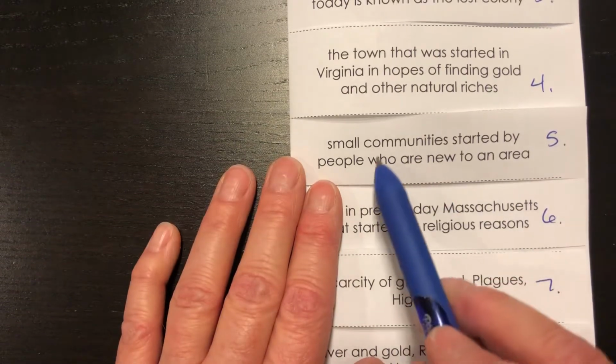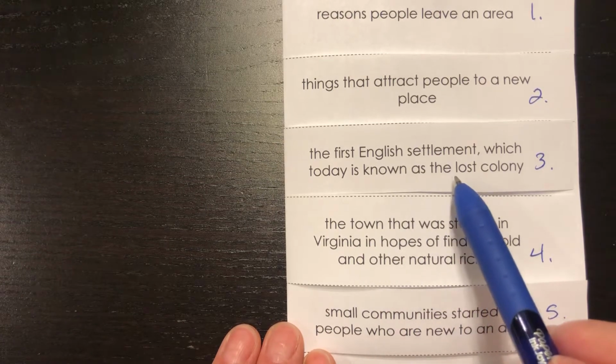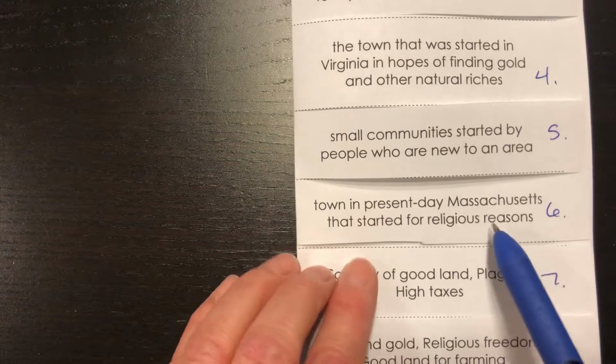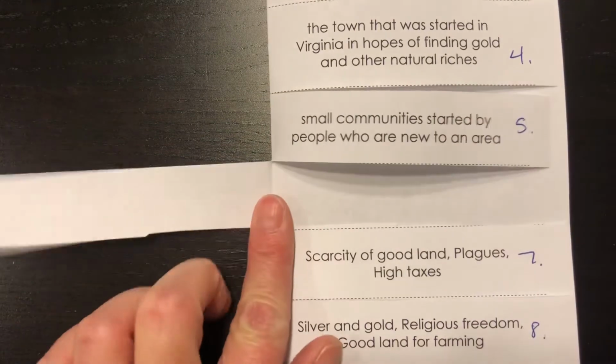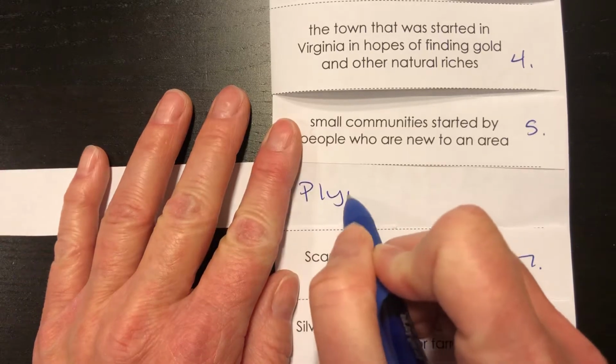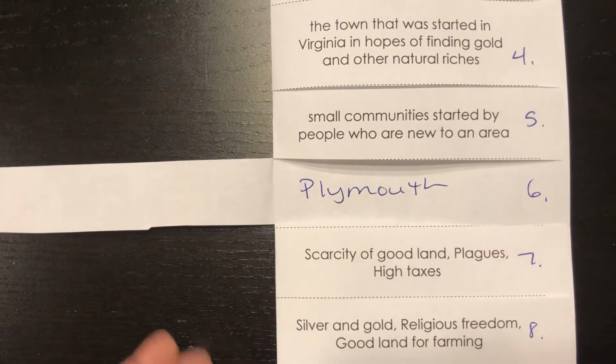So Virginia was Jamestown, and then Roanoke's North Carolina. So what was the other one that's in Massachusetts? Started for religious reasons. That's Plymouth, not Plymouth. I know you want to say it, but it's Plymouth.